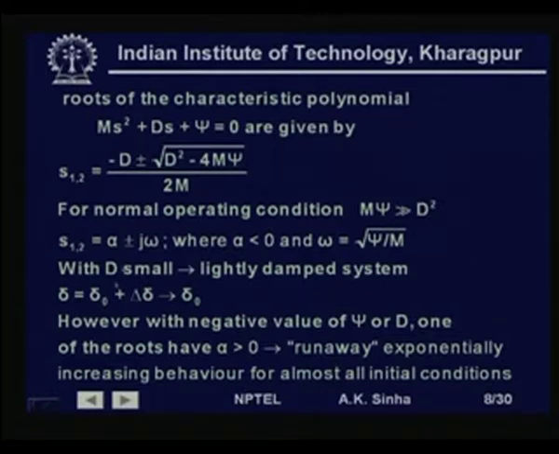So, this is what we normally get, and therefore, when we are trying to analyze the small signal stability for the system, what we are looking at is whether due to small perturbations about its operating point, the system is going to come back to the same operating point or it is going to run away.